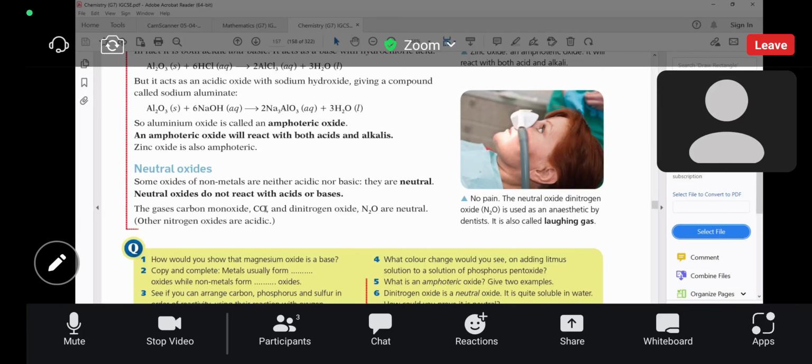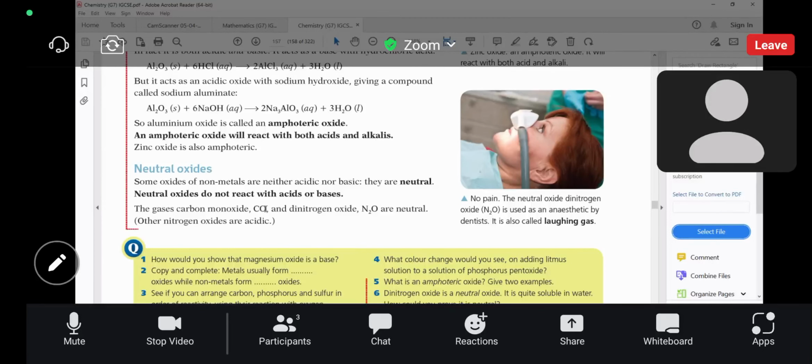Di means 2, mono means 1. Here we have two oxygens, so that's why we call it carbon dioxide. And here we have only one oxygen, but we don't mention one, so we call it carbon monoxide. This carbon dioxide is acidic, and this carbon monoxide is neutral.